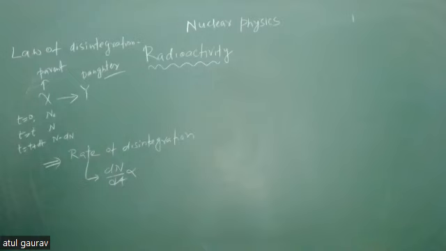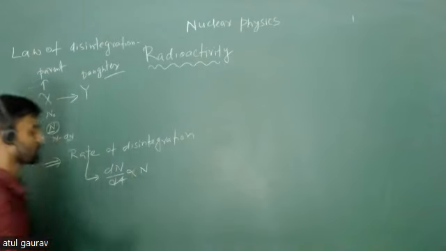Initially you had n; in time delta t, how much is the decay? It is delta n. So it will be proportional to the number of initial atoms, right? Within delta t time, the number of decays is delta n, so of course it will be proportional to n. Is it clear what I'm saying?